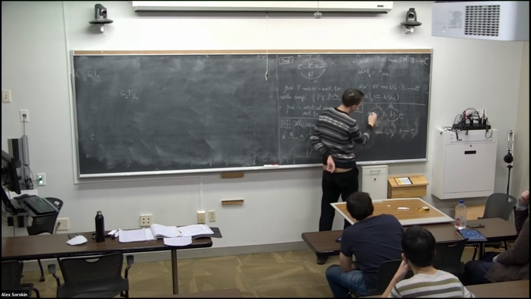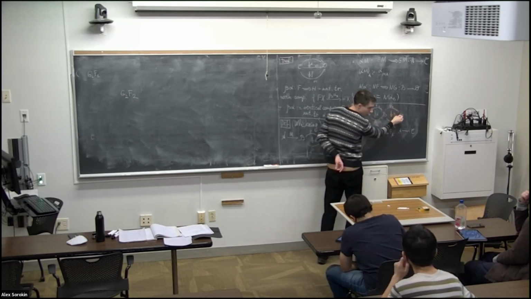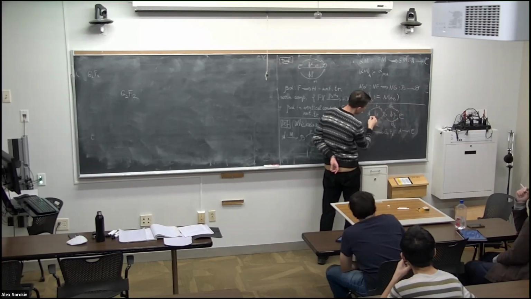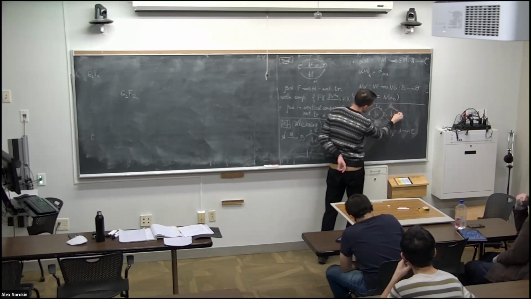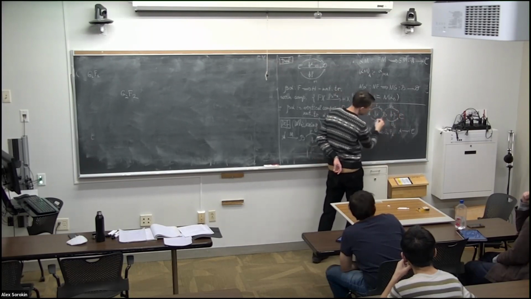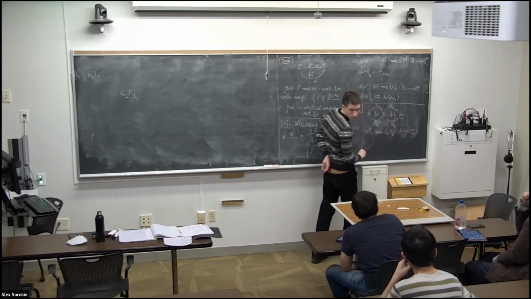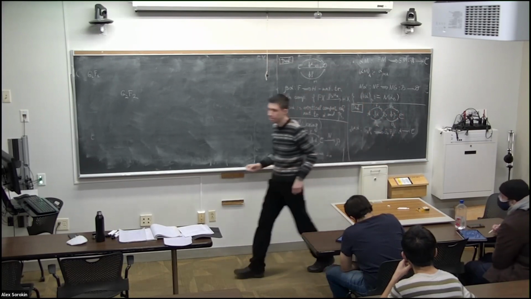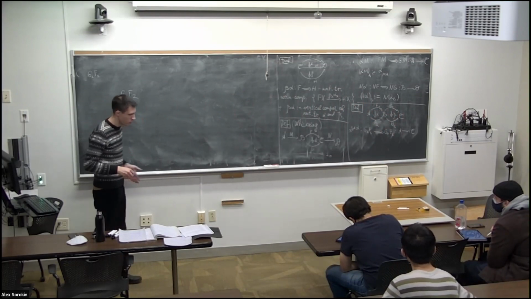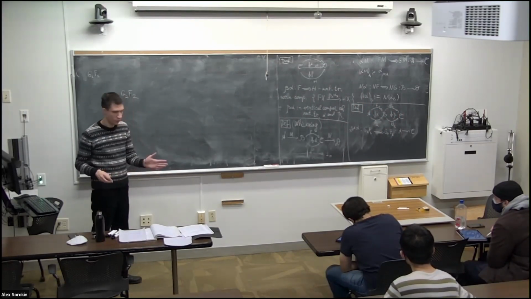Or I can take the upper part first and move the lower part. It will be this, and then in this functor I can move the second part down. It's pretty much like a square. In a square you can go one way or the other.